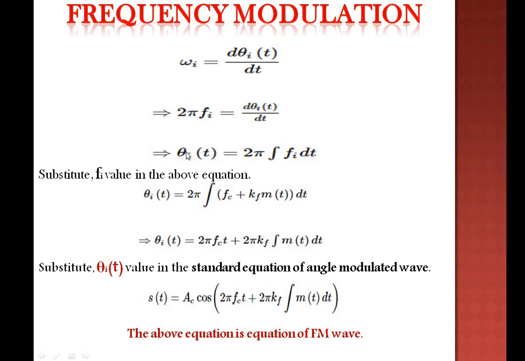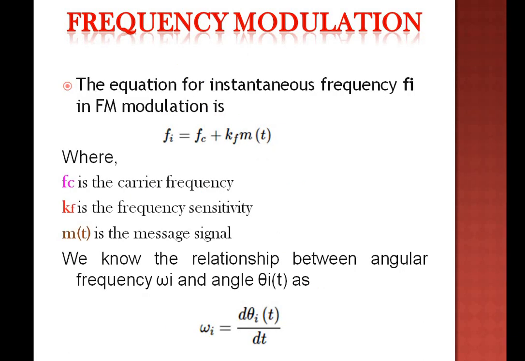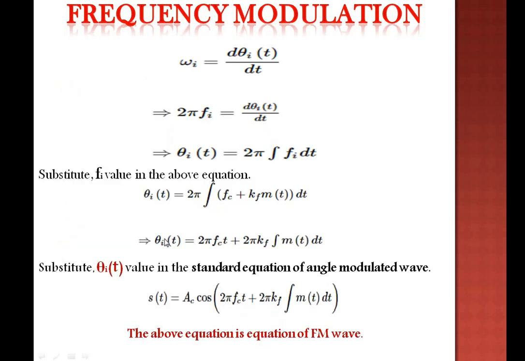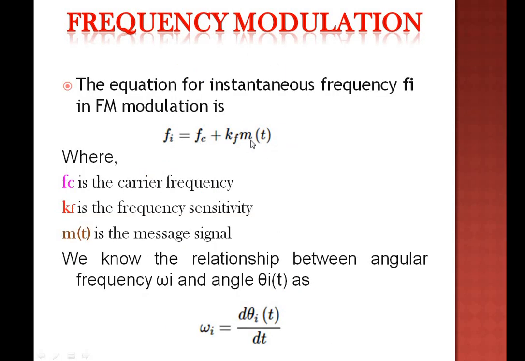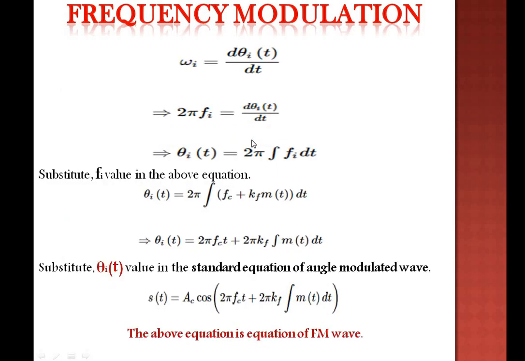Now this is your theta i of t. What is Fi, the instantaneous frequency function? I will substitute this value of Fi of t into the equation of theta i of t. So theta i of t equals 2 pi times the integration of Fi of t. What is Fi? Fc plus Kf into m of t. I will substitute that value.